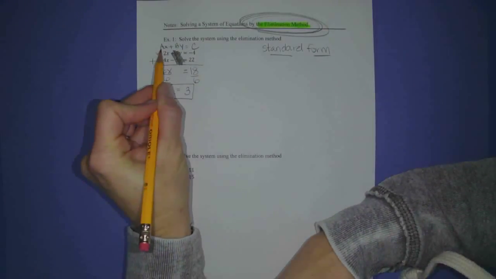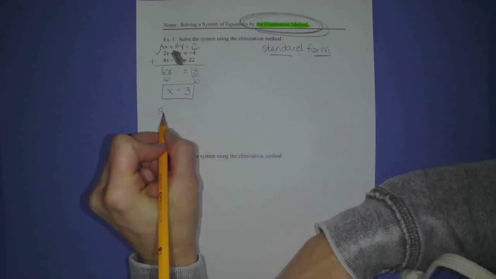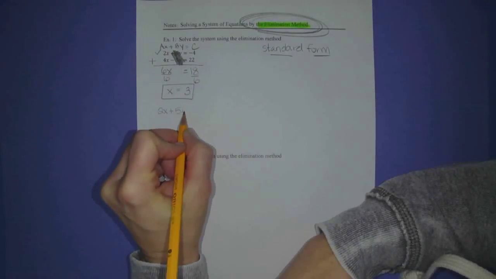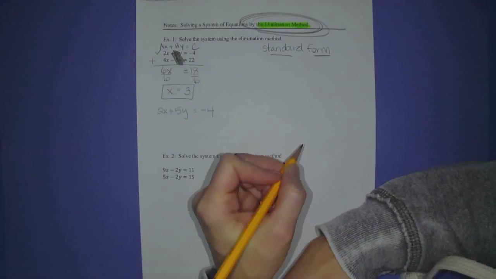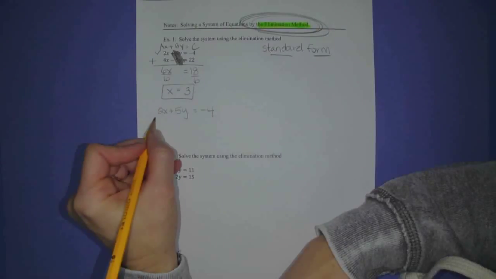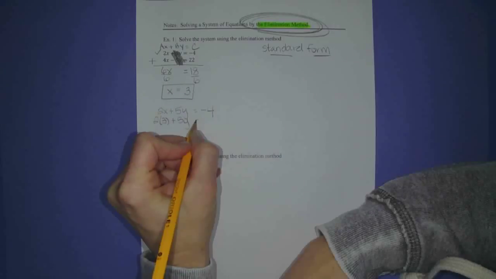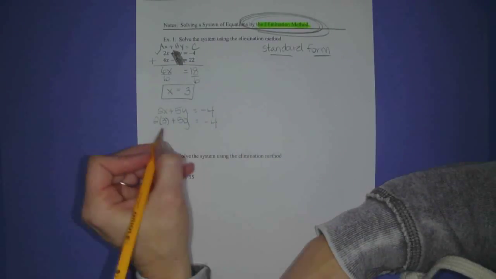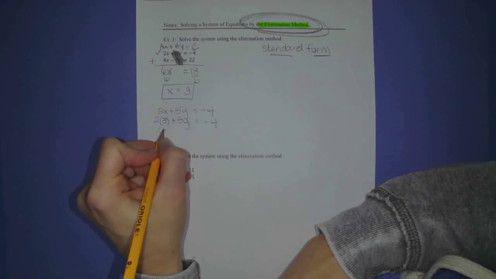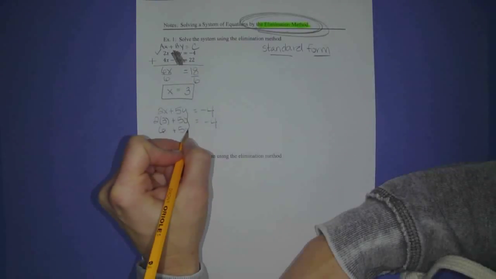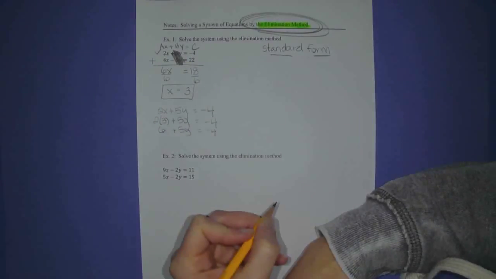So I'm just going to take the top equation. If I take 2x plus 5y equals negative 4, and I substitute in 3 for x, I'll have 2 times 3 plus 5y equals negative 4, which will give me 6 plus 5y equals negative 4.